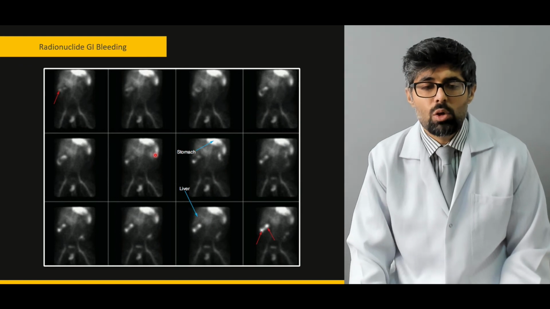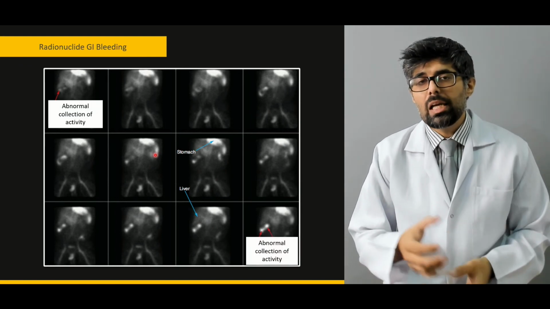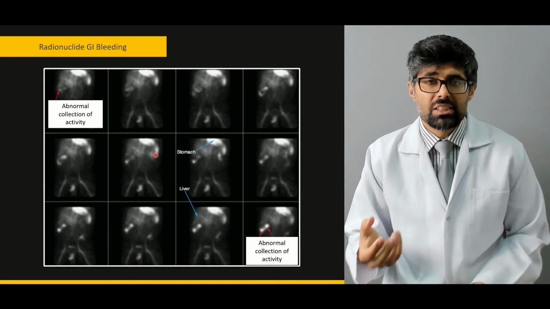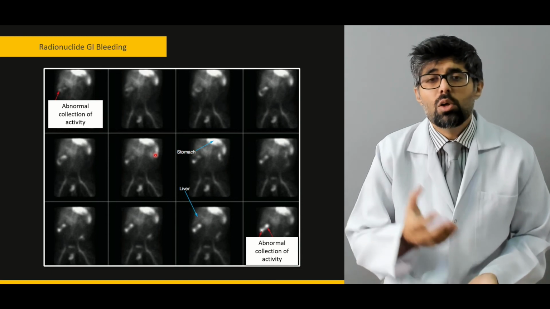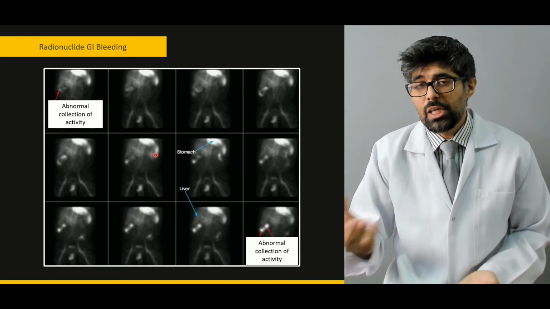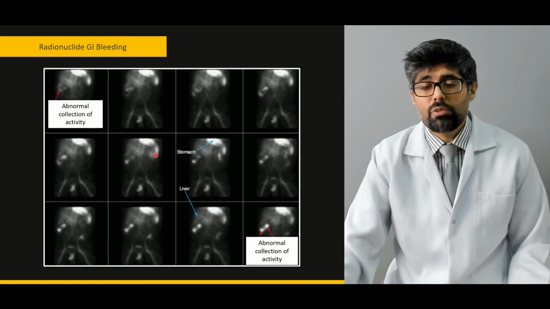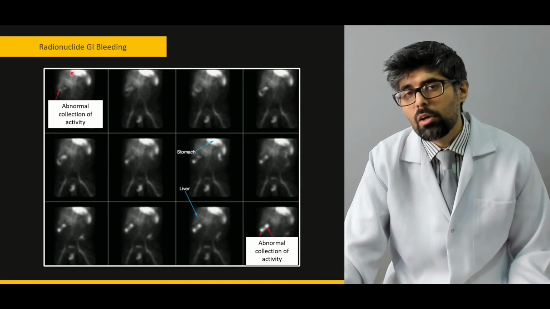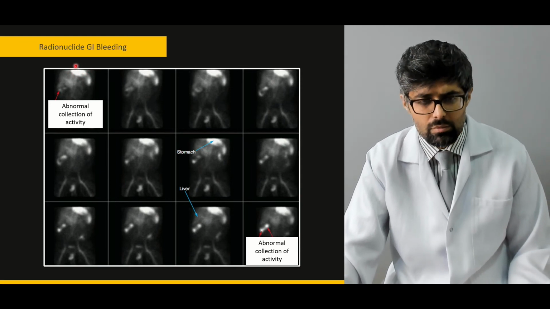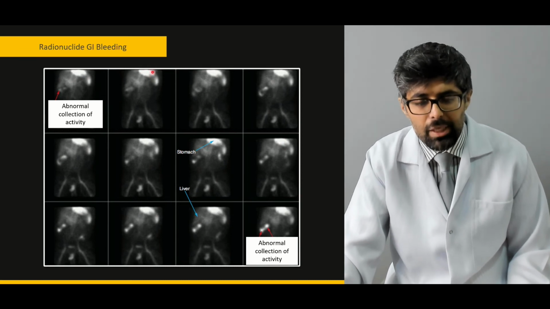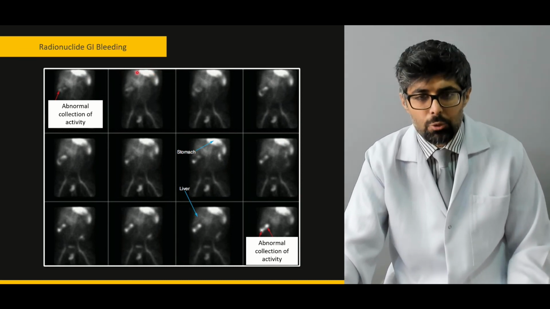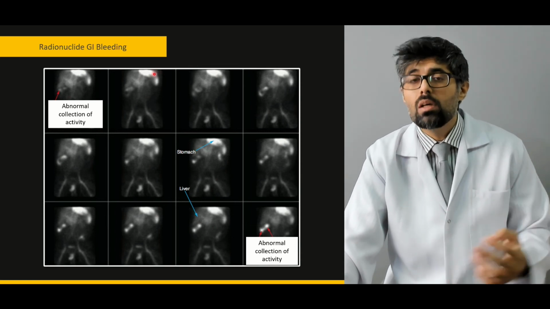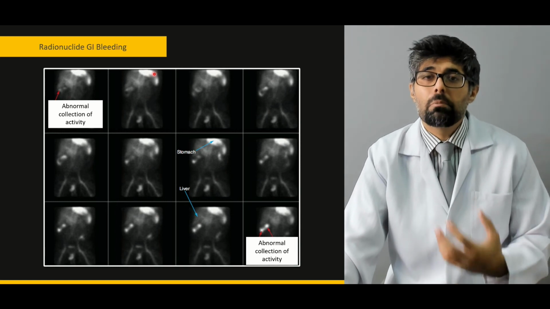In this test, we label red blood cells with technetium 99 and take a series of PET scan CT images. These series of images, as seen here, show us where the pooling of blood is happening, because where there is bleeding, hemorrhage, red blood cells will start to accumulate, and because those red blood cells are labeled with technetium, it can be detected with a PET scan.